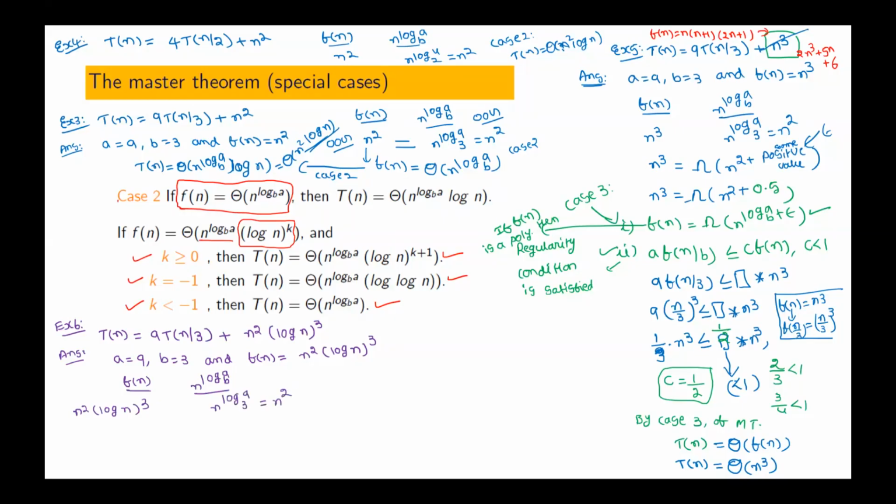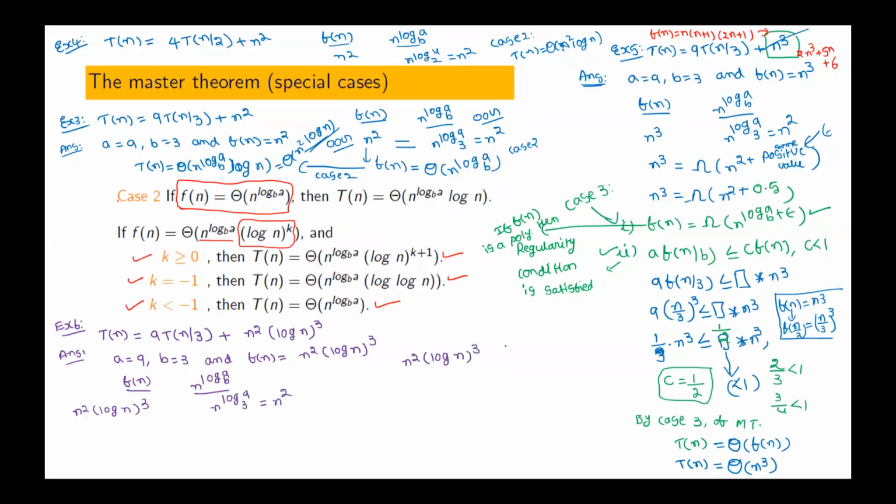Now you tell me which case is applicable. Whether the first case is applicable? No. Then you will understand why epsilon should be a polynomial amount more or polynomial amount less.